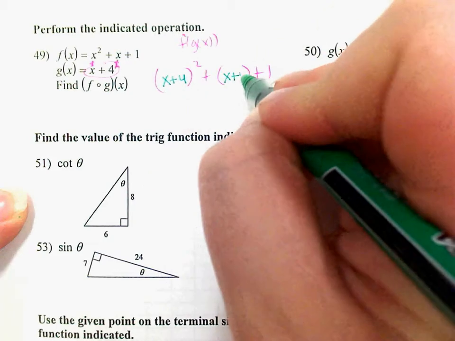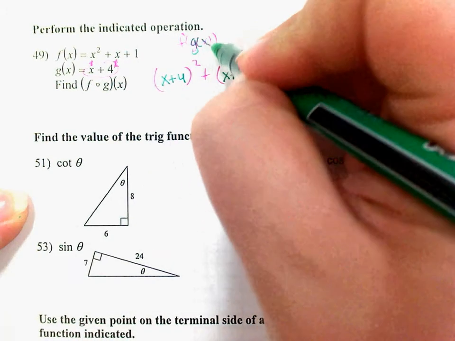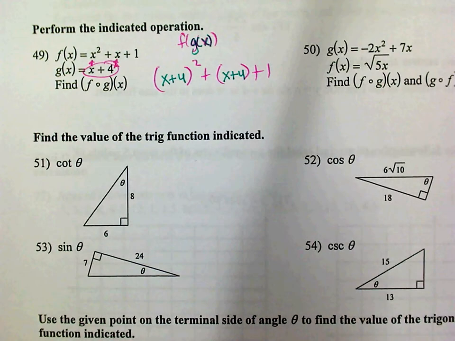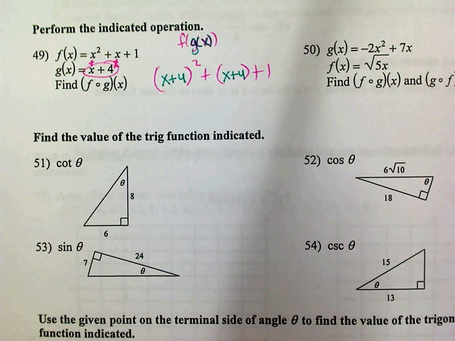So the inside function g is what we're substituting into the function f. What is x plus 4 squared? Because I got a lot of people telling me x squared plus 16. Can you just distribute a square when you're adding? Right, you have to multiply it by itself. So what is x plus 4 times x plus 4?